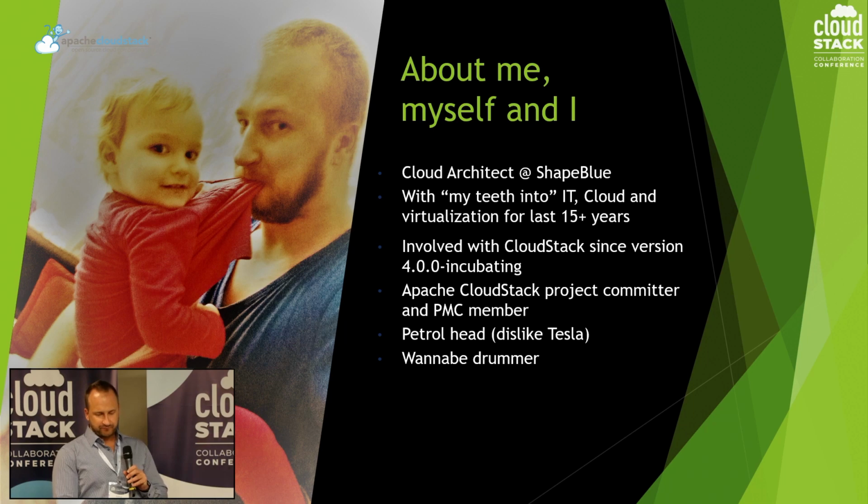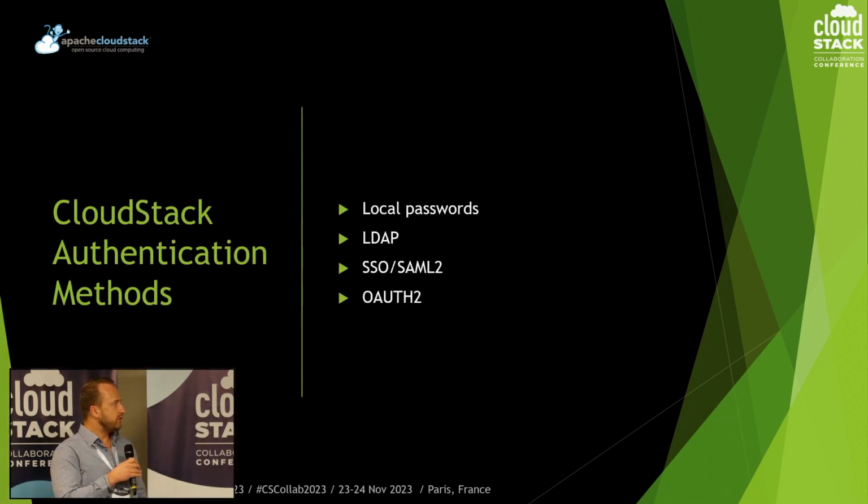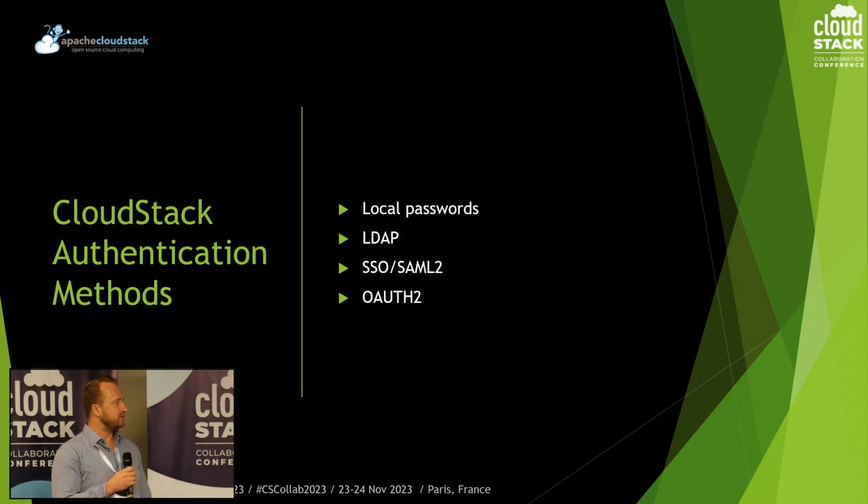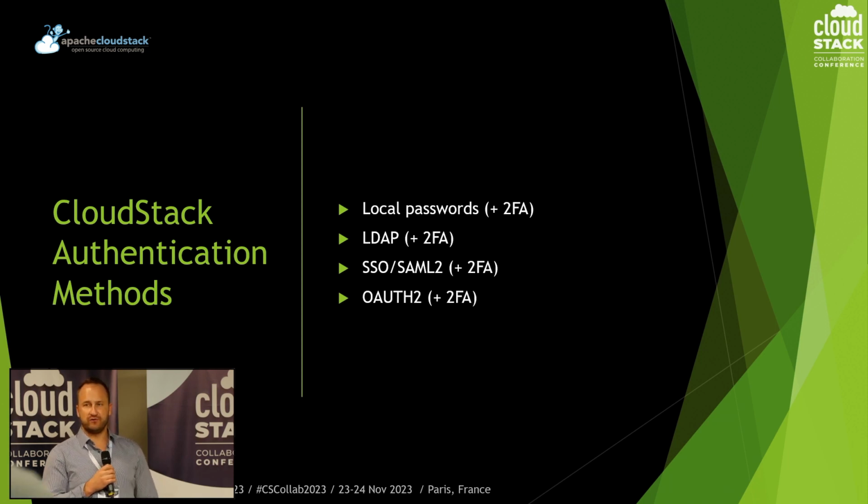Moving forward. I'm going to give a quick recap on the different authentication mechanisms in CloudStack. Not going to spend too much time on these, and then we are going to move to OAuth2 as the new authentication provider, or a new way to authenticate. And also, what I want to say is that basically we have all of these plus 2FA.